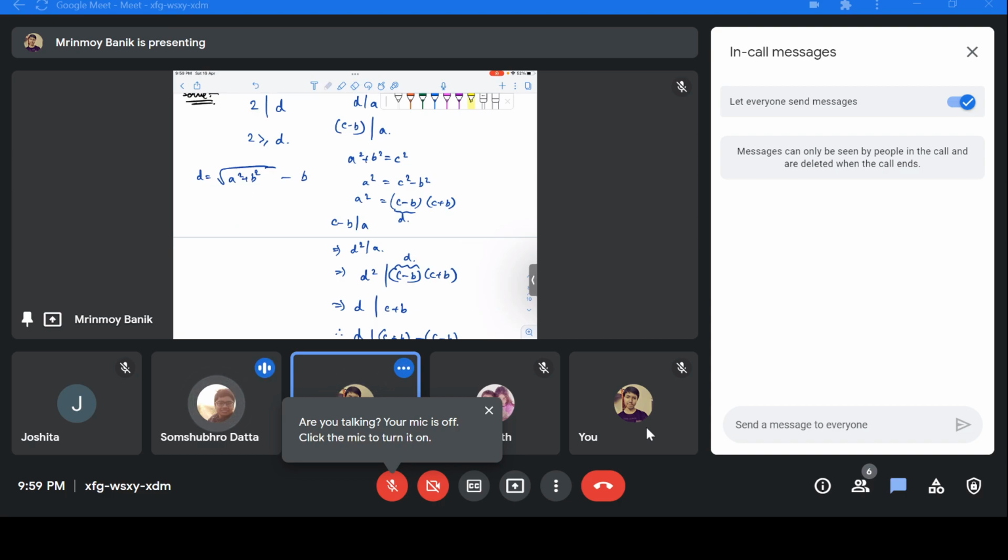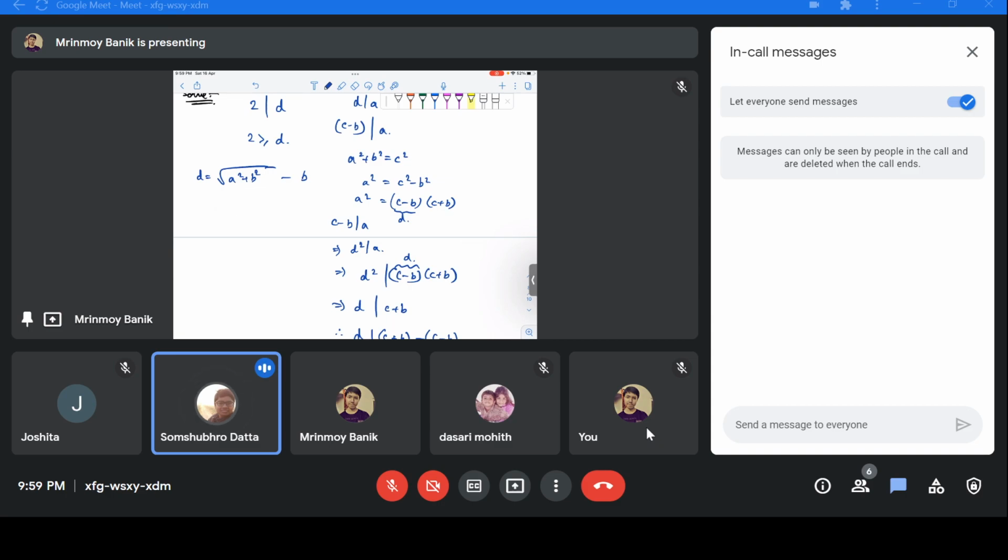So next, since D divides A, therefore we can assume DK is equal to A. So that implies A equals KD. And from the previous, A is equal to root over B squared plus 2BD.